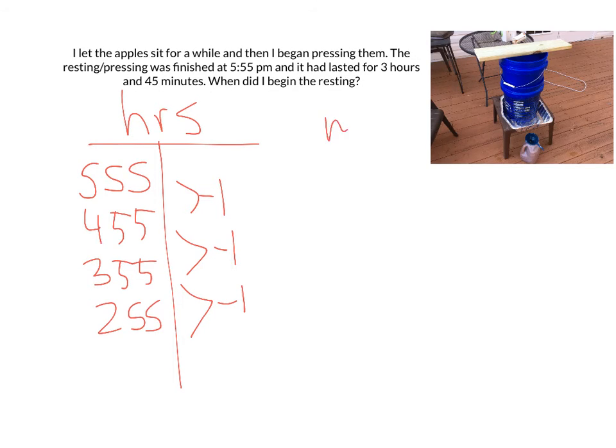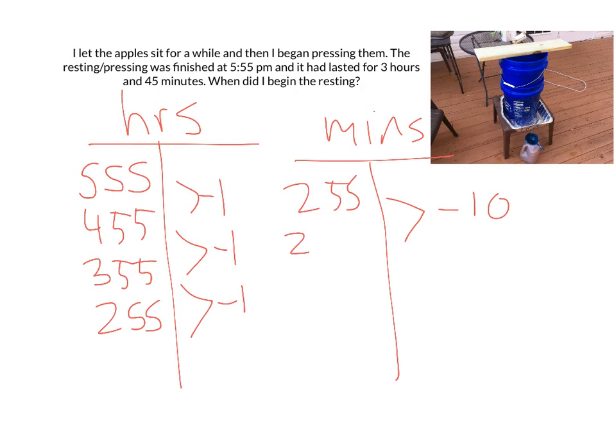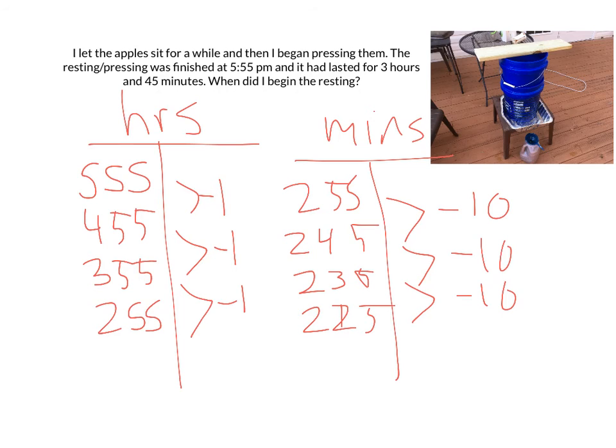Then I have to do my minutes, knowing I start with my last value, 2:55. I'm going to count back by tens this time. 10 minutes will put me at 2:45. Another 10 minutes will put me at 2:35. Another 10 minutes will put me back at 2:25.